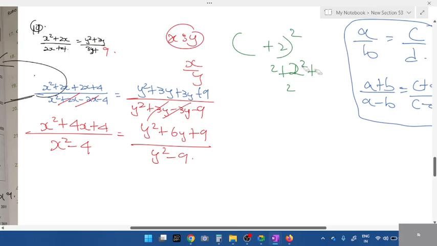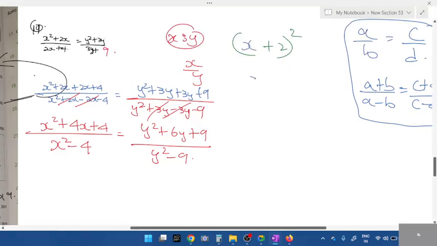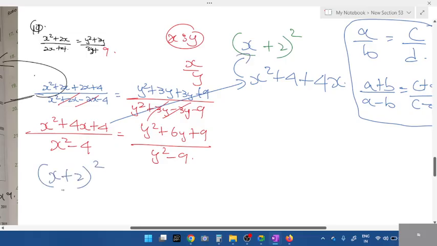Let me write x, students, x here. X plus 2 the whole square. Tell me what is x plus 2 the whole square? X square plus 4 plus 2 into 2 into x, right? What is 2 into 2 into x? So what should I replace this with? It is x plus 2 the whole square.